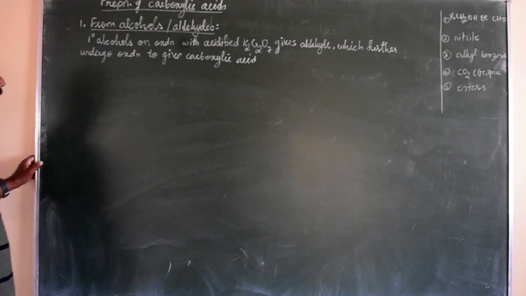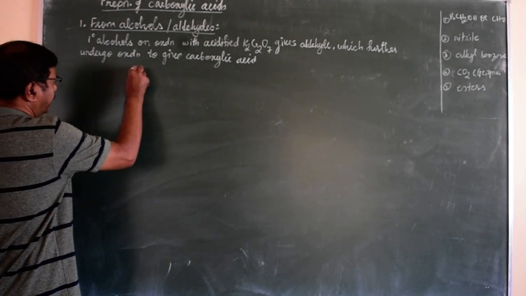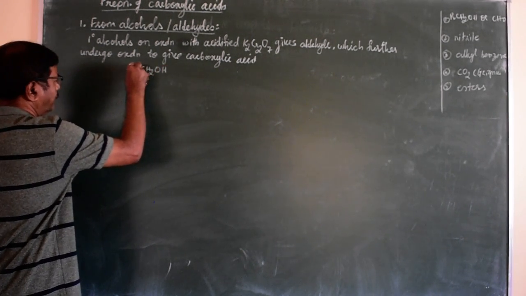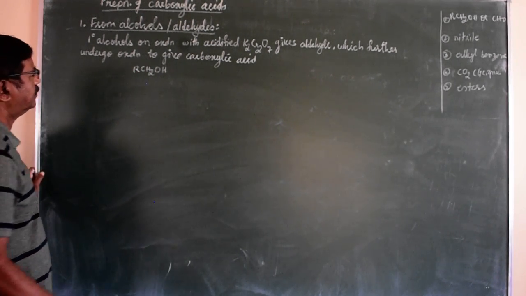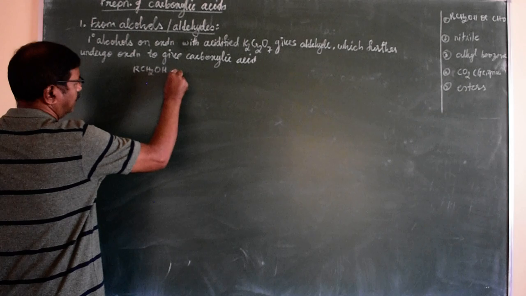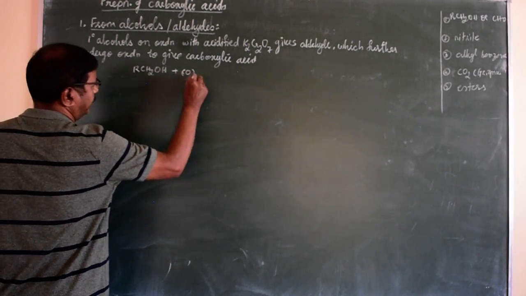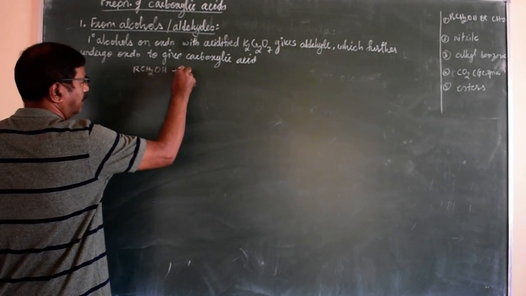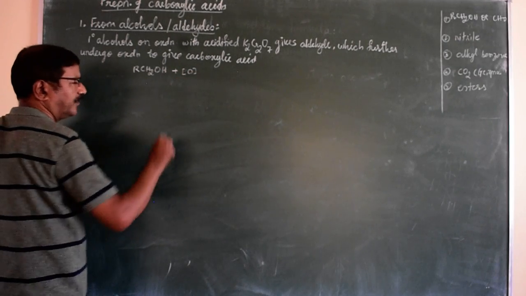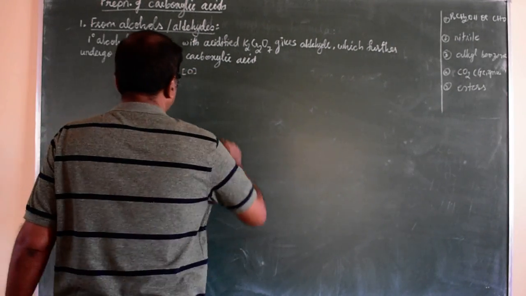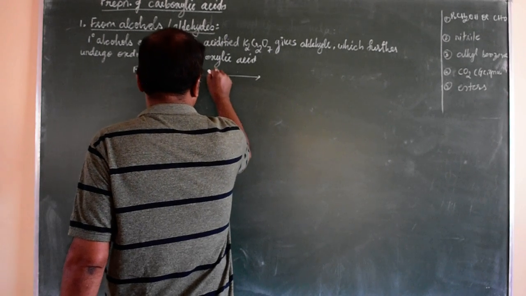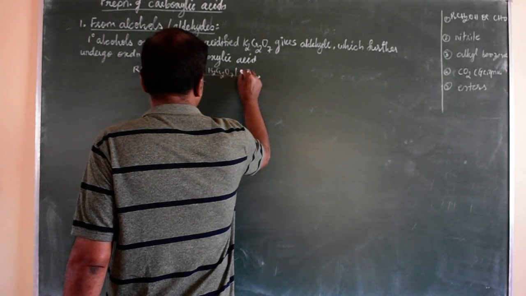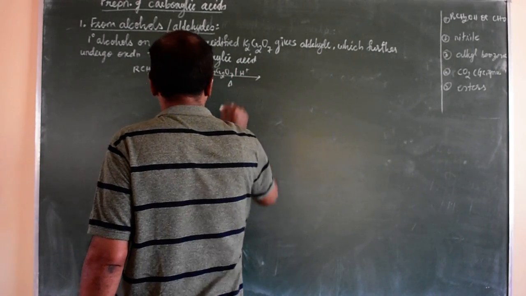So we know the general formula for primary alcohol, or 1 degree alcohol, is RCH2OH. On oxidation with acidified potassium dichromate, nascent oxygen, written in square bracket or simple bracket, means it is produced by some oxidizing agent like Cr2O7 2- with H+.